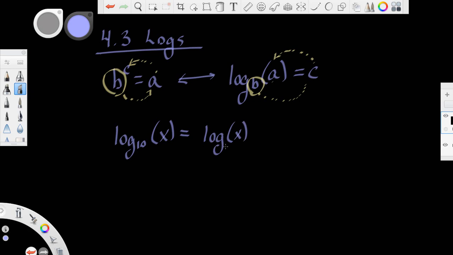Anytime you see just plain log x, the base is implied to be 10. The other log that shows up so much because it's a natural number is log base e of x, which we rewrite as the natural log of x. So anytime you see log of x, the implied base is 10. Anytime you say natural log of x, the implied base is e.